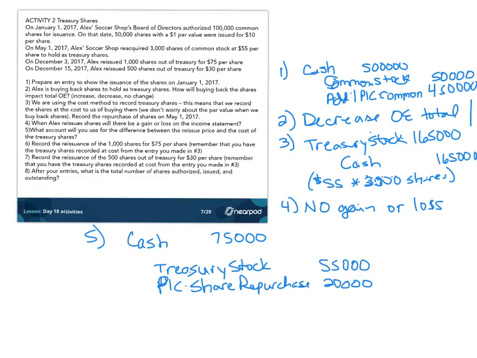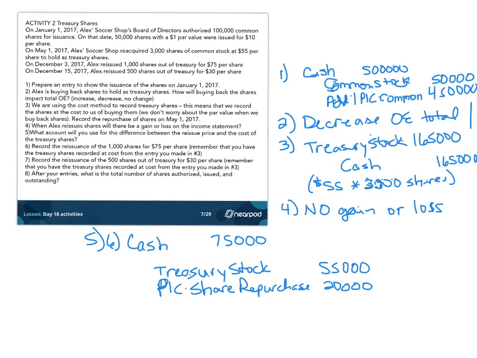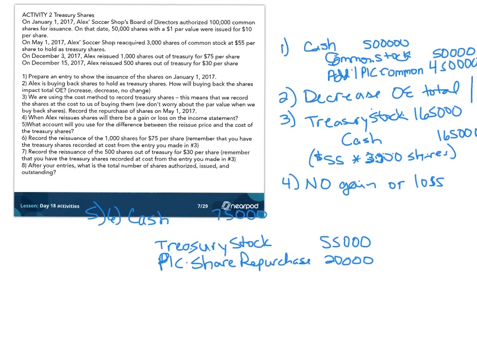Oh, no, that was the question. Yeah. Share repurchase. So this is 5 and 6, I guess. We did those at the same time. Share repurchase is another equity account. Permanent account in the equity section. All right, so move all this up a little bit.